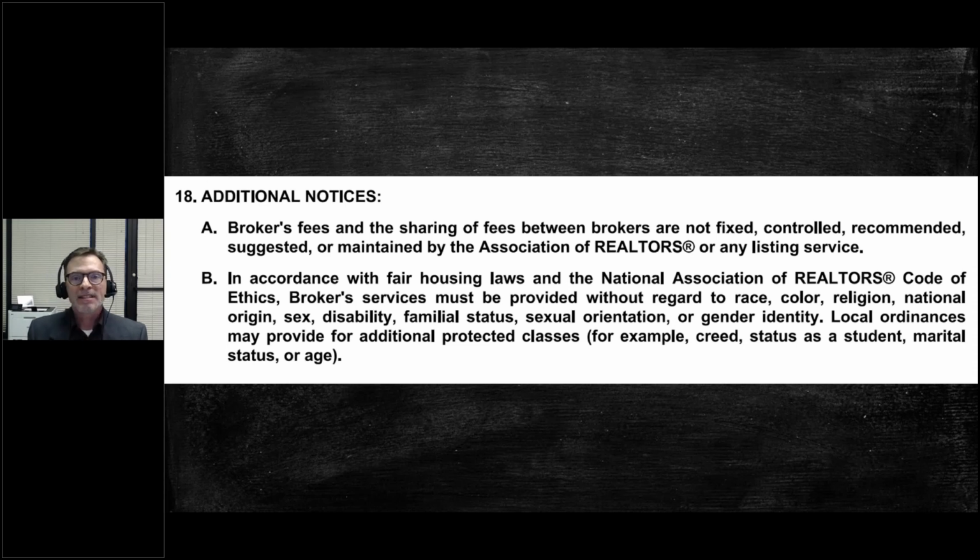In Austin, a person's status as a student is a protected class, and you cannot discriminate against them because they are a student. That's a fair housing violation in Austin. In San Antonio, a person's status as a veteran is a protected class. So local ordinances can add to the protected classes under the fair housing laws.